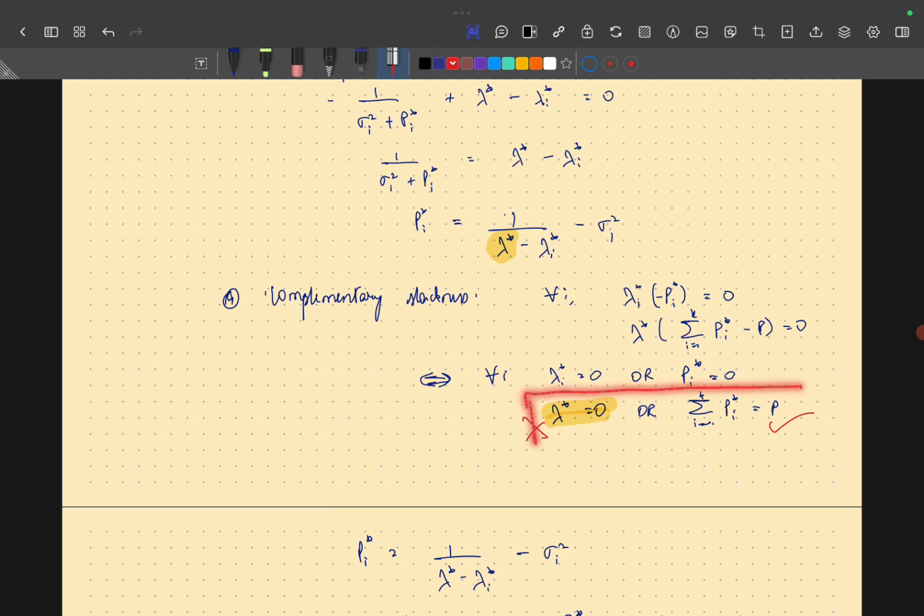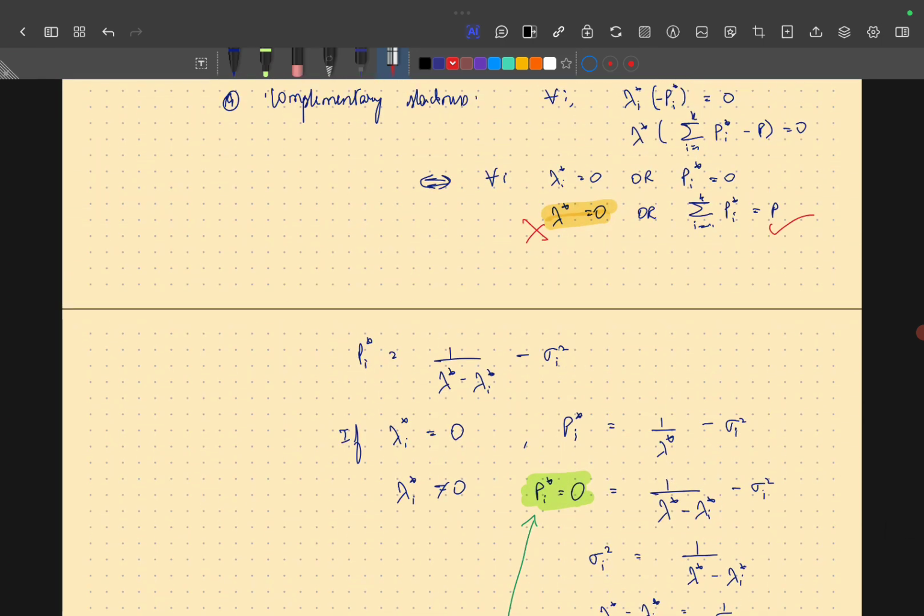And similarly, either lambda star should be equal to 0 or the total power should be equal to P. With some basic observations, we saw that lambda star cannot be equal to 0, otherwise each pi star would be negative. So the only thing that can happen is the total power should be exactly equal to P, which is natural to expect, because if you have additional power, it makes sense to use it in some specific subchannel instead of just leaving it to waste.